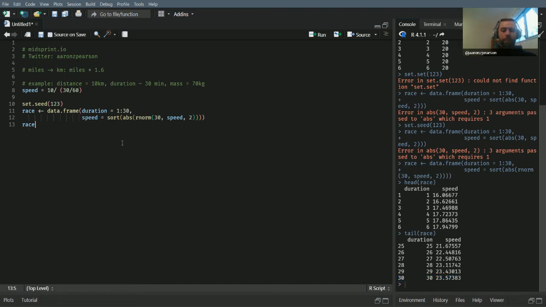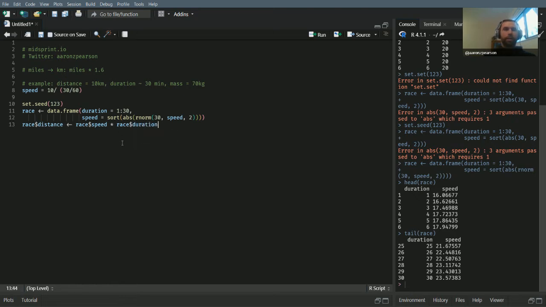If we want to calculate the distance that they have traveled, we can use the dollar sign to explicitly state that we want to create a new column here. So we'll do race and then distance, and then multiply speed by race duration.